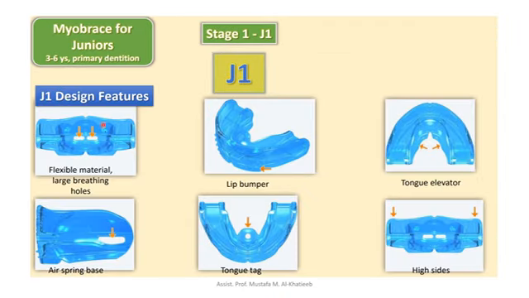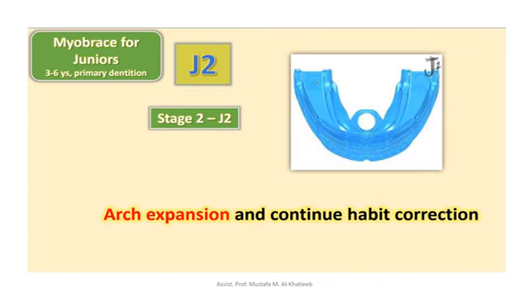It has a flexible material, large breathing holes, lip bumper and tongue elevator, also the tongue tag and air spring base and high sides. The J2 is used for arch expansion and continued habit correction.